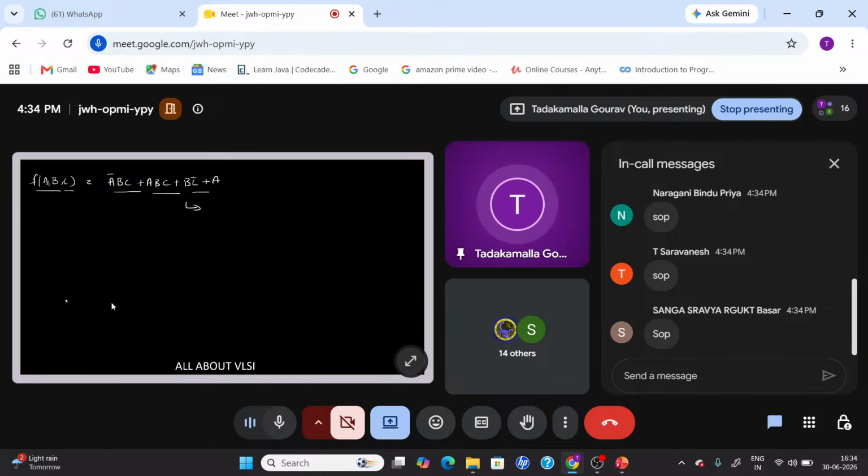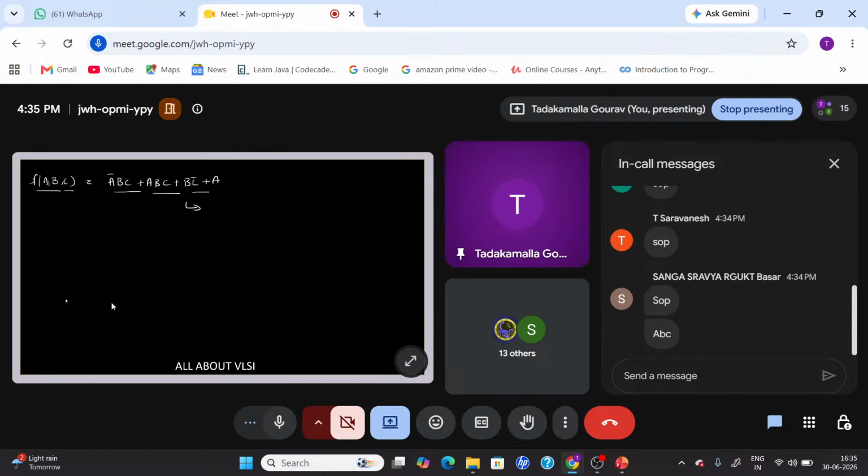Now, can anyone let me know the minterms which are present in this particular expression? What are the different minterms present in this expression? Let's see who can answer this. ABC is one minterm. I got one answer: ABC is one minterm.